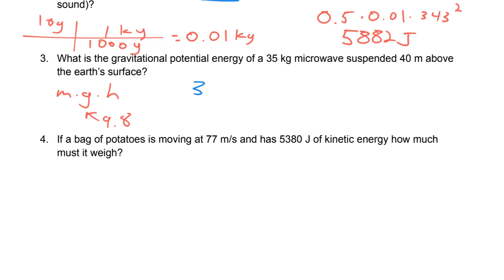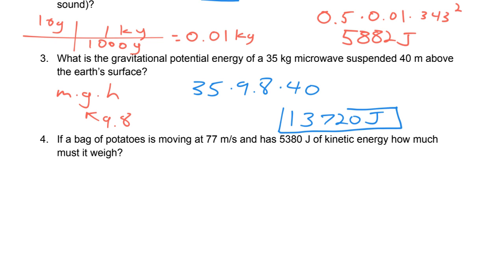Mass should be in kilograms, so 35 times 9.8, and then the height should be in meters, so 40 is just fine for that. 35 times 9.8 times 40, and we get that we have stored up 13,720 joules of energy. That's how much energy would be released if we were to allow it to drop these 40 meters.